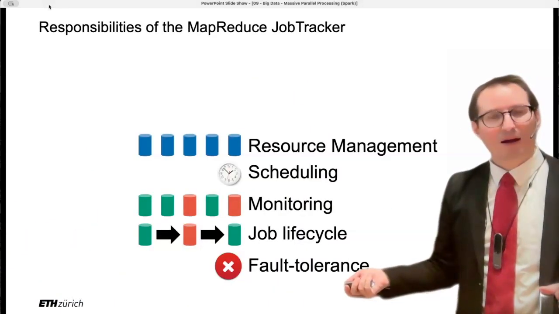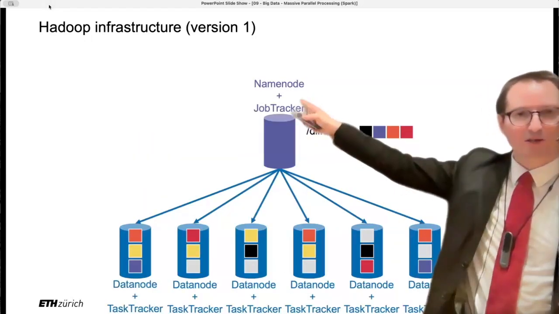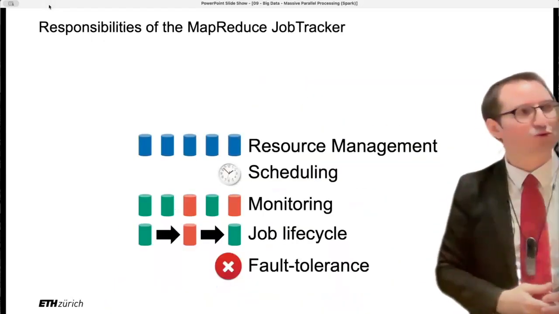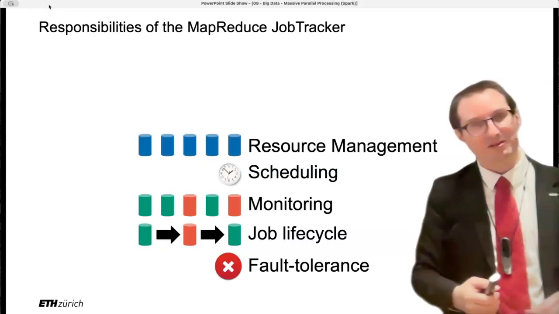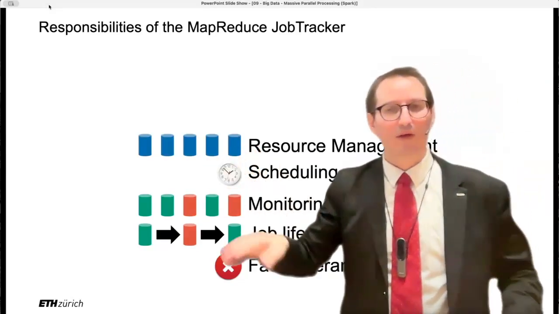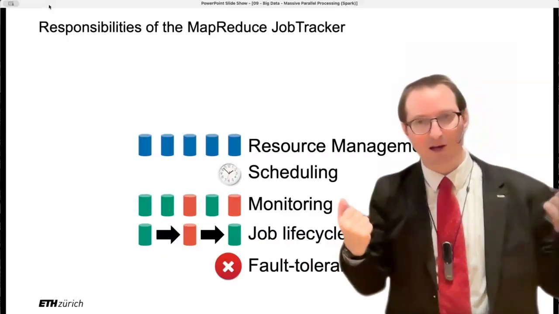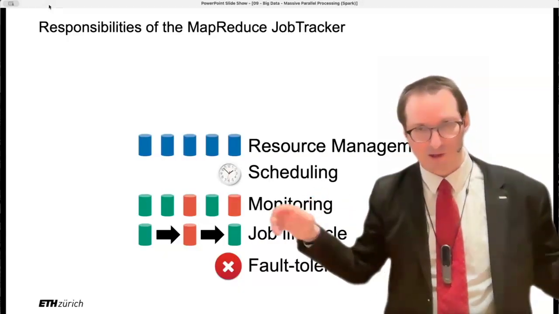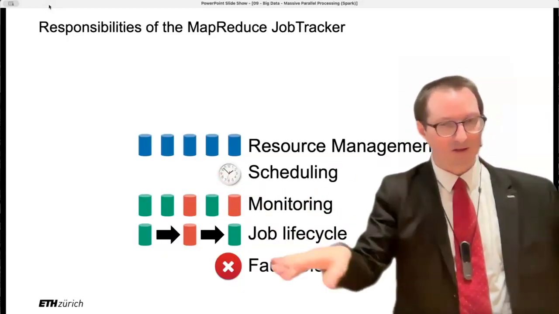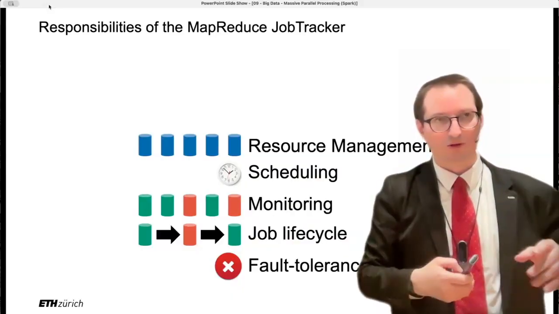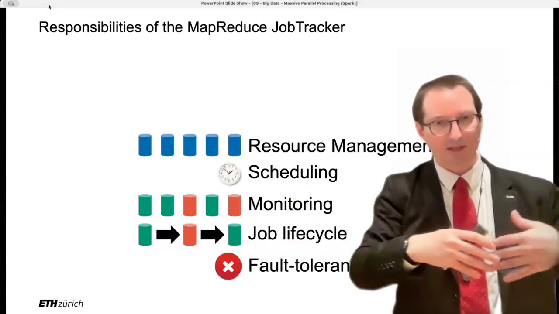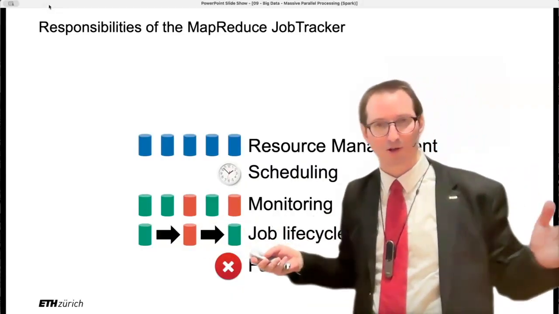So that's why it's designed in this way. Now if we look at the responsibilities of this node right here, what does it have to do? Well, it has to do a lot of things, even though I didn't say much about it. It has to manage the resources of the cluster, to know what nodes are connected and available for slots. It has to schedule and decide on the assignment, the hash function, and so on. So it schedules the whole thing over the cluster.